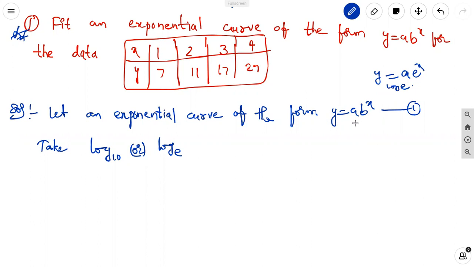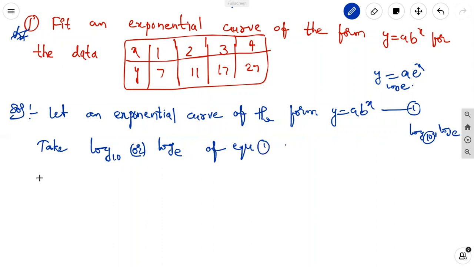But here, y equal to a b power x, we can choose any one, either log base 10 or log base e. But you should concentrate on what base you are choosing, and calculate with that. In one problem I choose log base 10, in another problem log base e. Here, take log base 10 or log base e of equation 1.